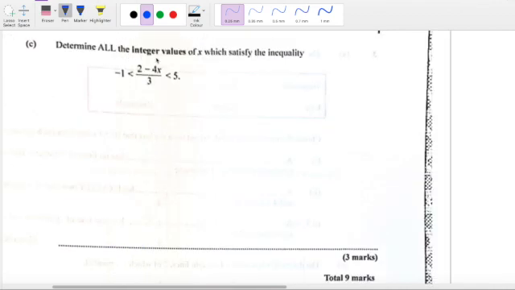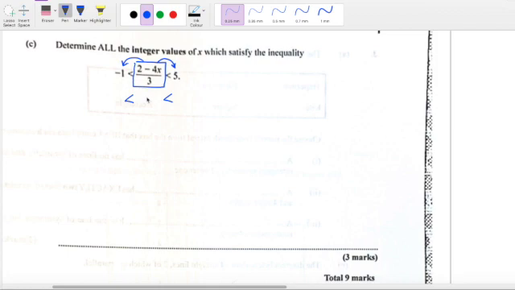Alright, so determine all the integer values of x which satisfy the inequality. So what do we have here? We have this thing, whatever this is, it rests between -1 and 5. So you see the less than, greater than signs here.